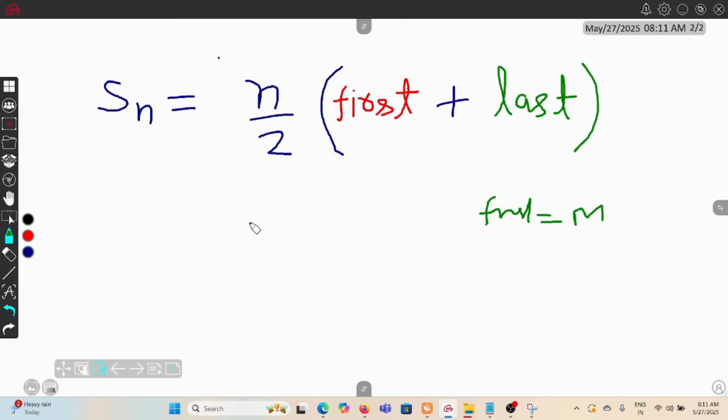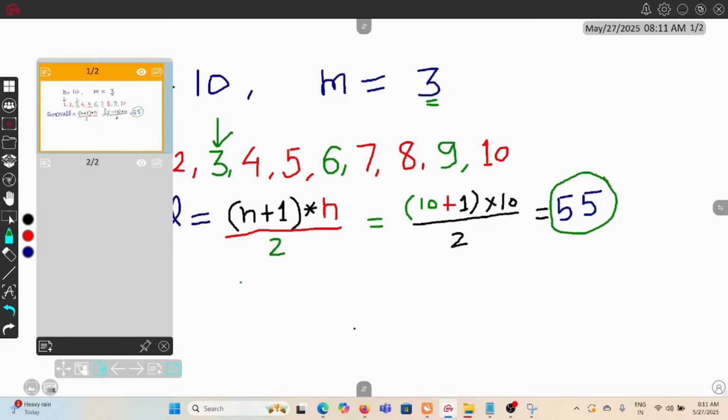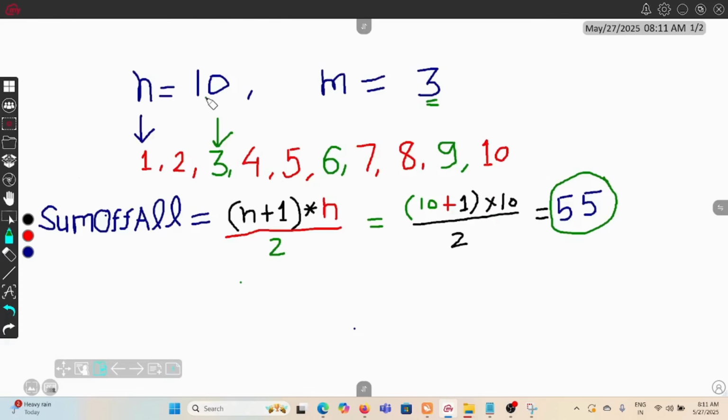Now what would be the last divisible value? If we want to get the last divisible value, let's call it last LD, last divisible value. In this case, 10 is the last value of the series itself. So n would always be the last value.